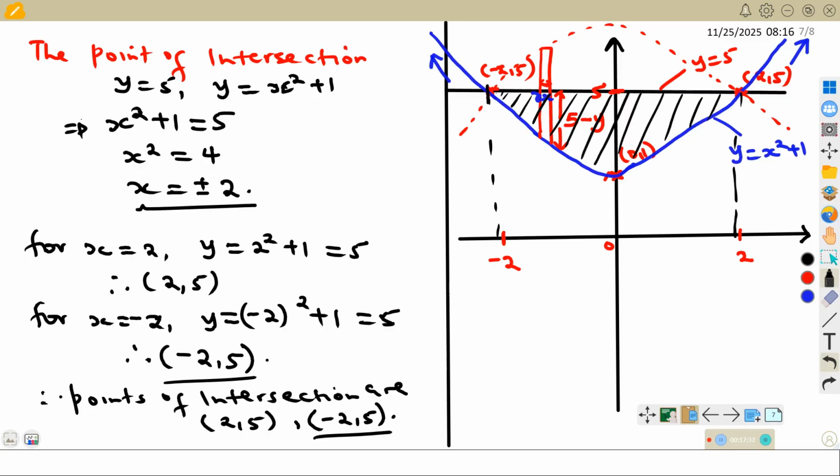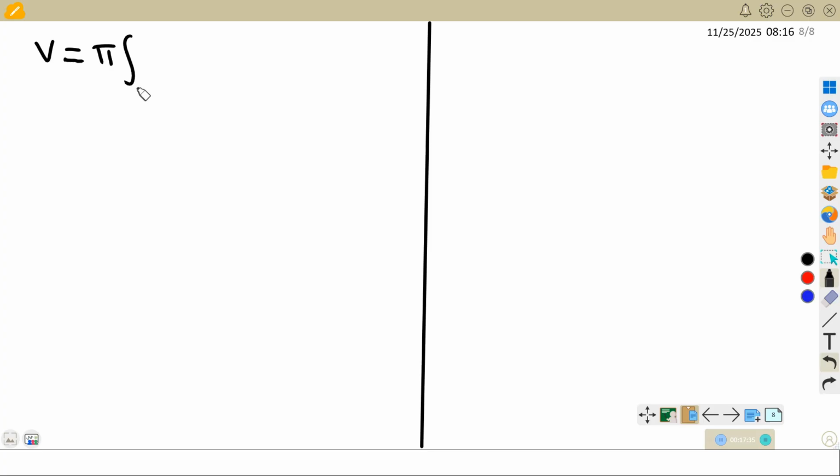So negative 2 to 2 of y squared dx. So we are interested in obtaining the volume, which is the same as pi from negative 2 to 2 of y squared.